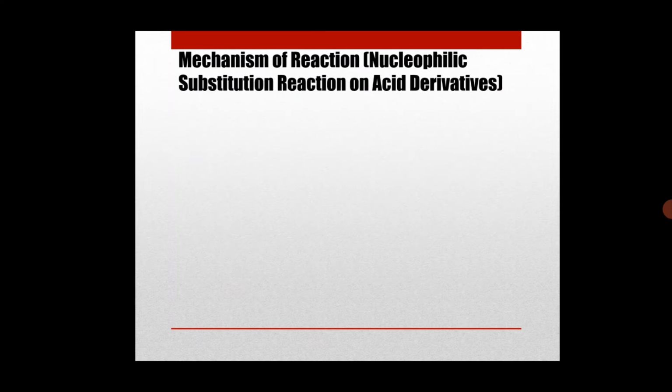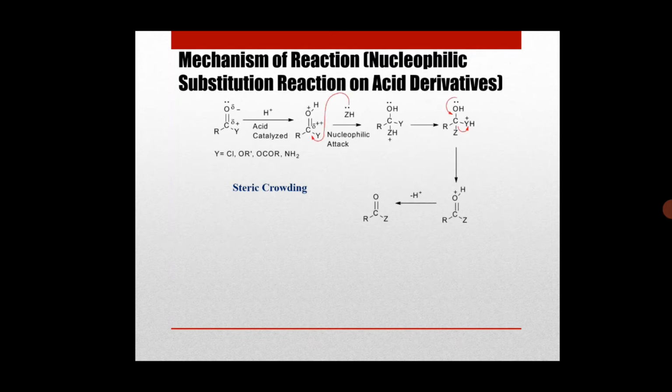The next factor that operates here is the steric factor. To understand this, we need to look into the mechanism of the reaction. This is the mechanism of nucleophilic substitution reaction on acid derivatives. These types of reactions are usually catalyzed by acids.